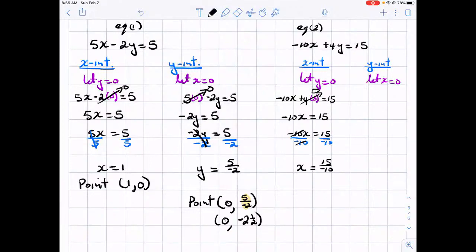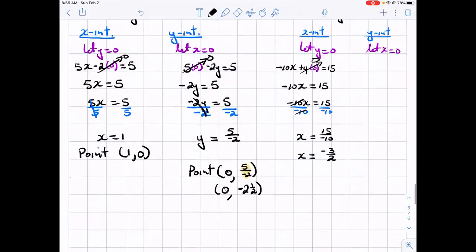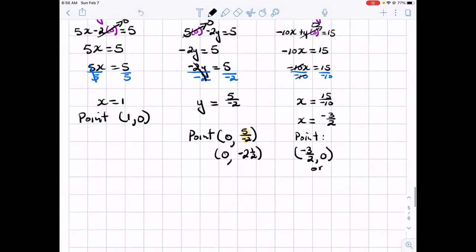Don't forget, this can be reduced if we divide top and bottom by 5, so we have negative 3 over 2. So the point that I have here is minus 3 over 2, comma 0, which is the same as negative 1 and 1/2, comma 0.